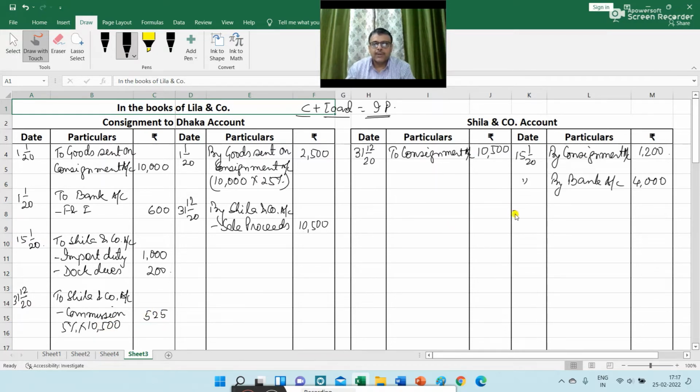In Sila and Company ledger, I am writing on 31st December 20 by consignment account 525.